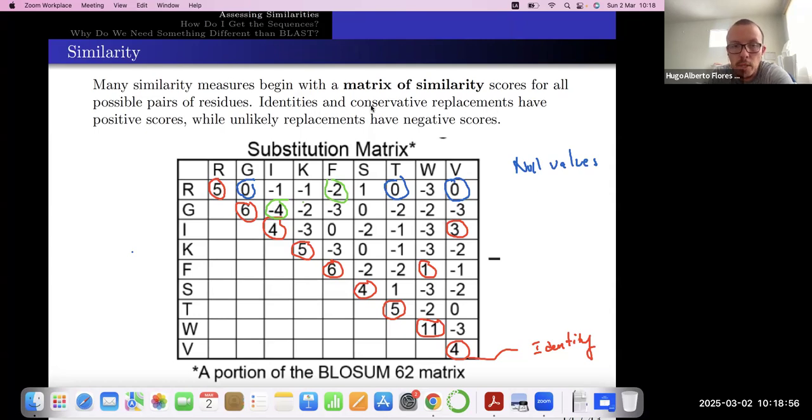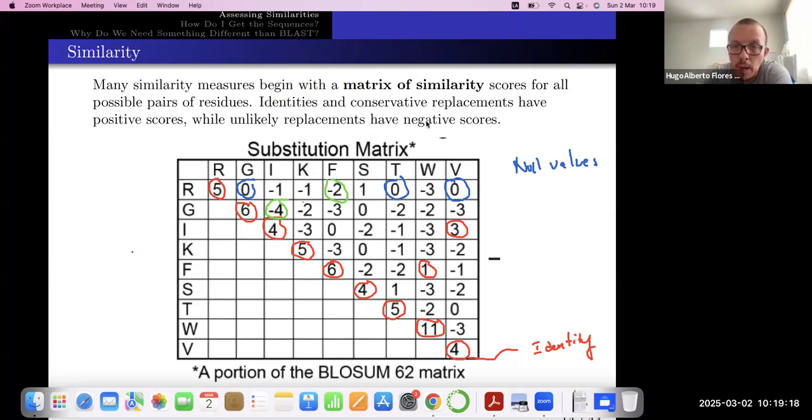So, to understand this, here is the description: identities and conservative replacements have positive scores, while unlikely replacements have negative scores. The R and the F we understand as an unlikely replacement, which decreases the similarity when you are comparing the two sequences.